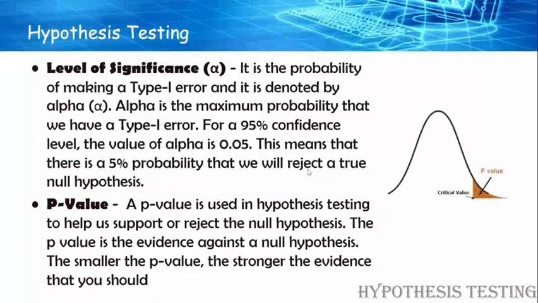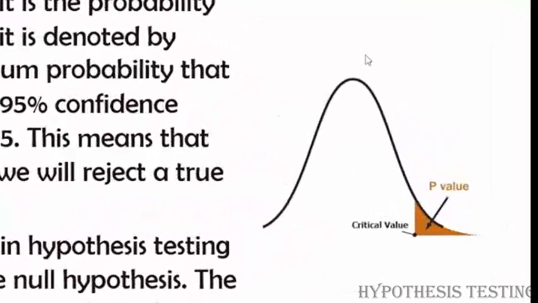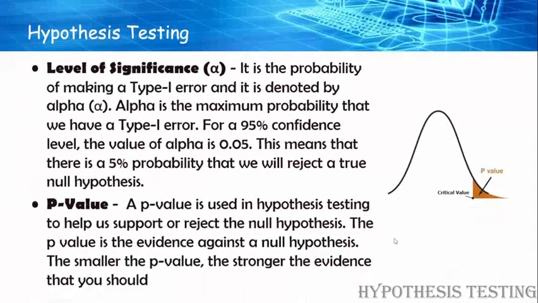Here you can see a bell curve with the critical value somewhere over here. This region can be considered as the P level. If it is smaller, the stronger the evidence that we have to accept or reject the null hypothesis. P level is always against the null hypothesis.